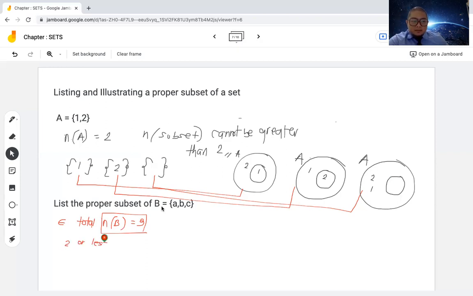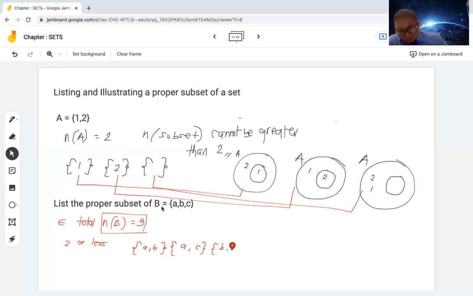Okay, so if I'm going to write it down, I will be choosing elements with a total of 2. So it could be AB, a combination of AB, or a combination of AC, or a combination of BC.